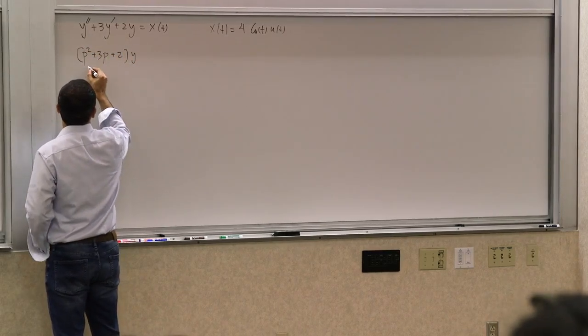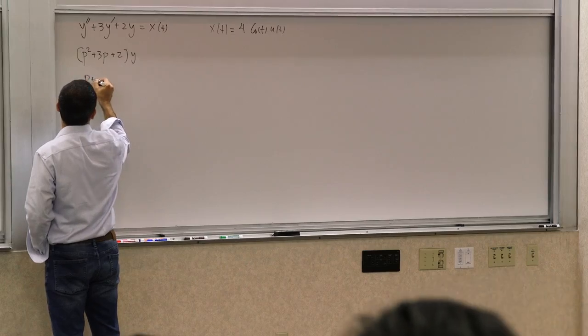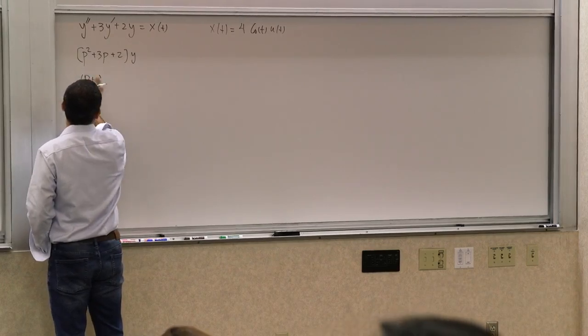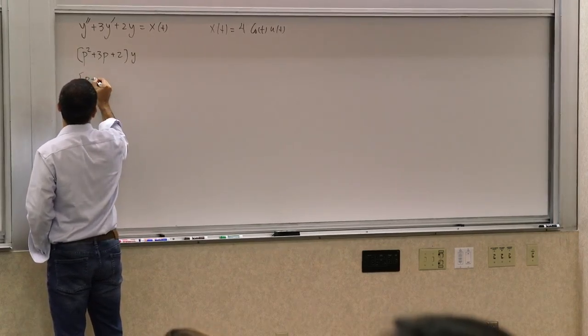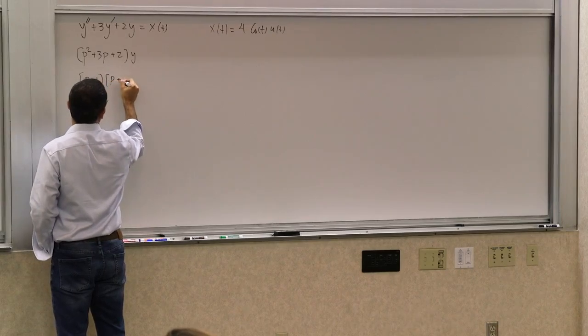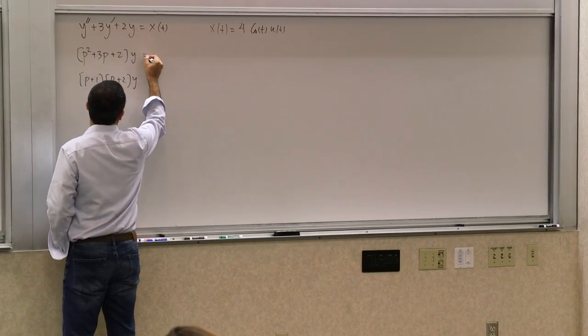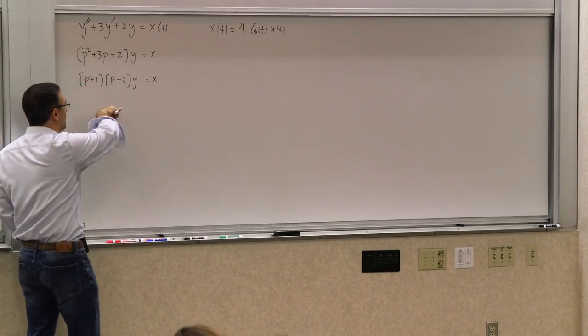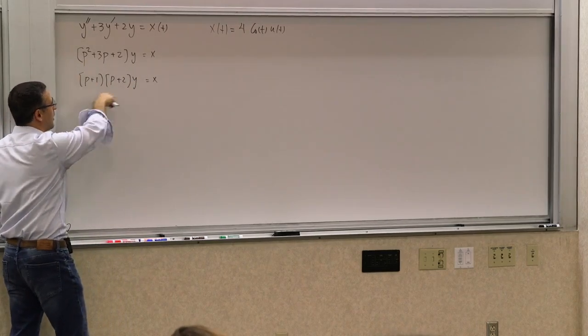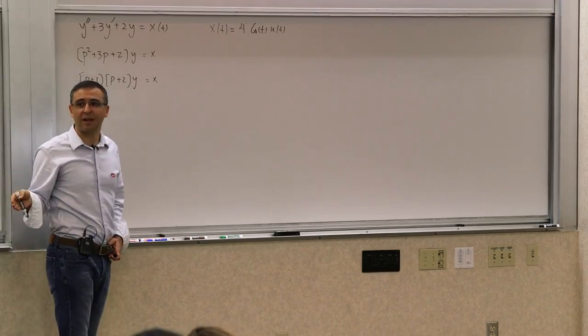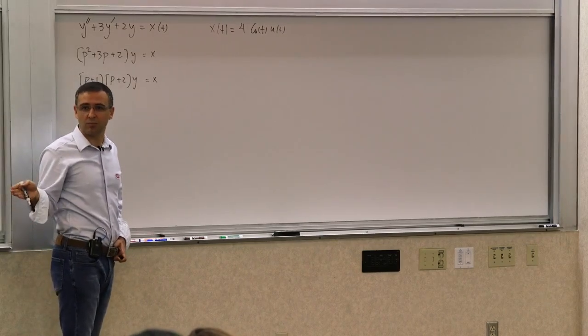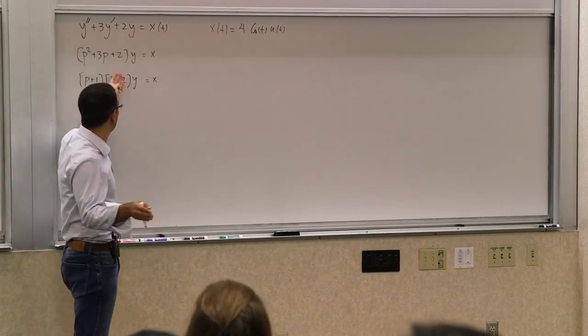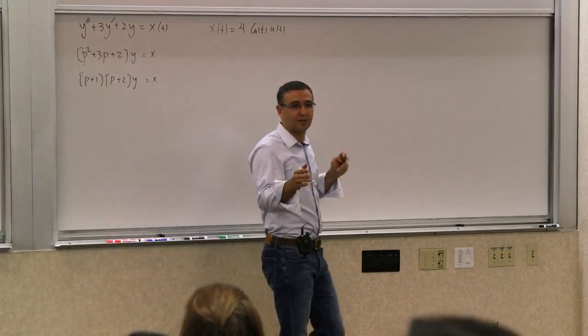Then you can factor this as p plus 1, p plus 2, y, and then apply the inverse operators, say 1 over p plus 1 and 1 over p plus 2, or do a partial fraction expansion. We've done both, I think, even exactly for this left-hand side before.